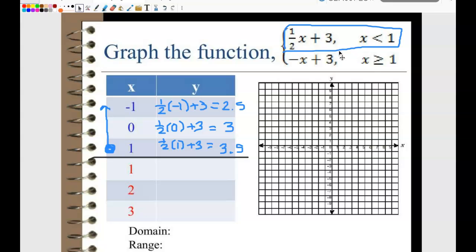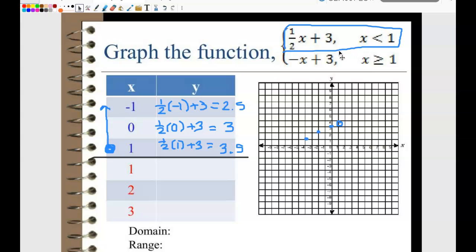So on my graph, I'm going to plot the point (1, 3.5) with an open circle at 3.5. And then I'm just going to use the idea of slope. So it's down 1 over 2, down 1 over 2.